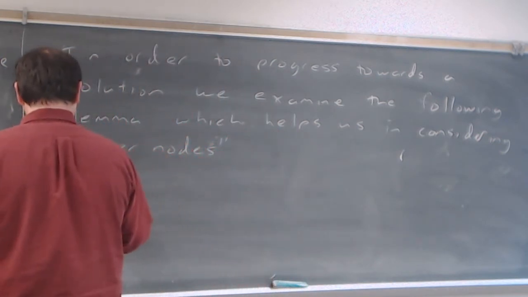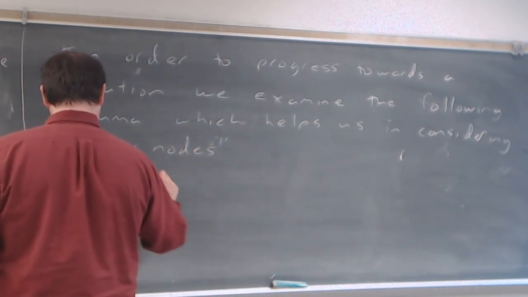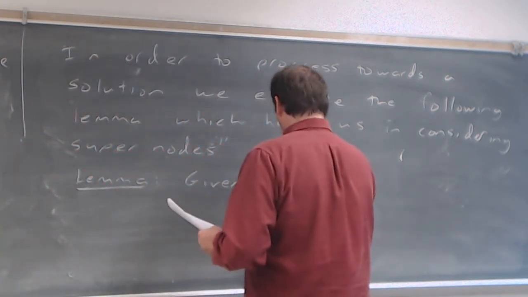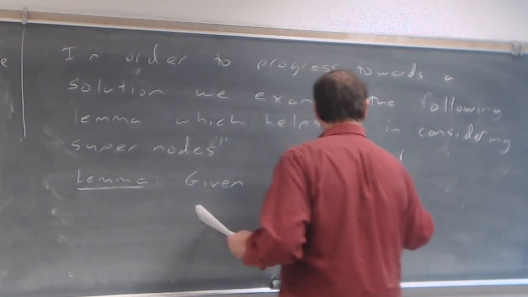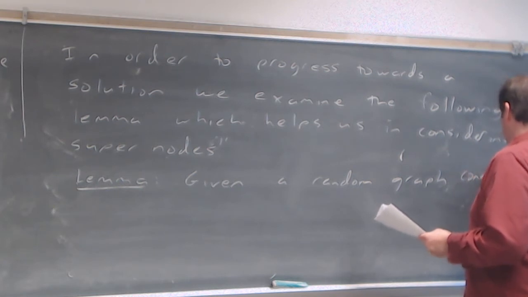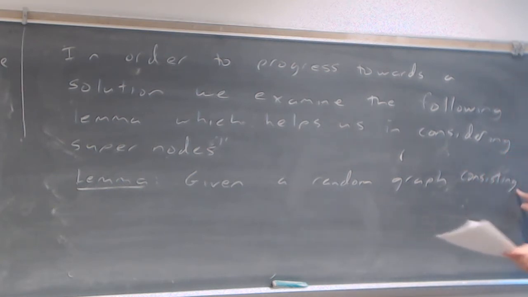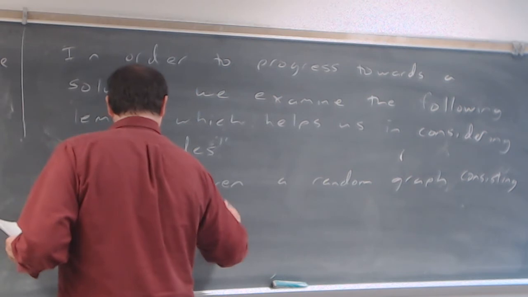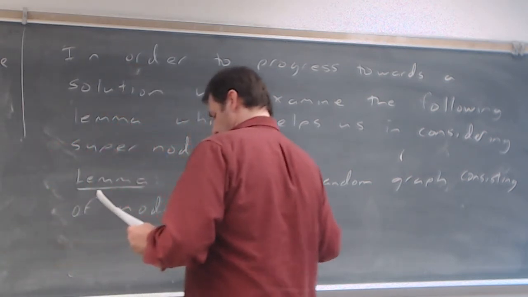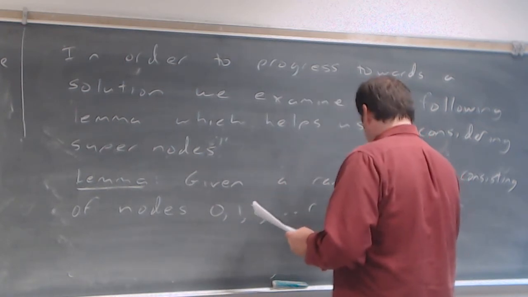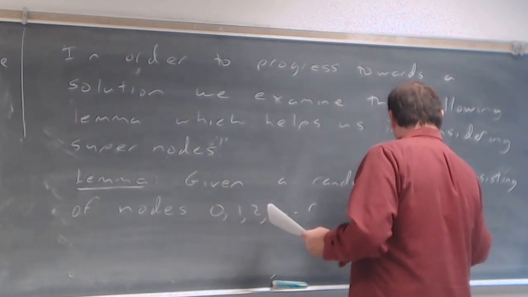So here's the lemma. It says, given a random graph consisting of nodes 0, 1, 2, all the way up to R, and R arcs.